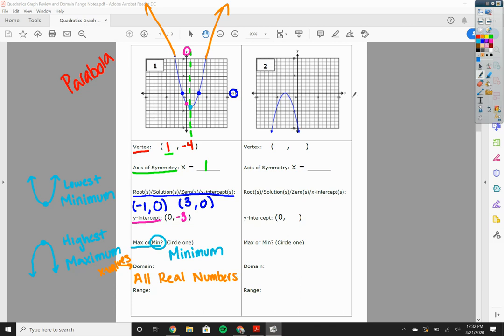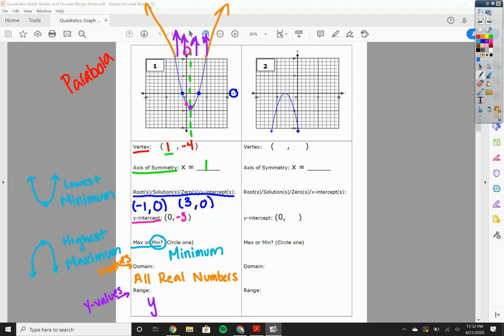And last we have our range, which is our y values. If you notice, our y values go up forever here. They're going to keep going up forever. But down here, our graph never touches these points. So everything above our vertex will be our range.